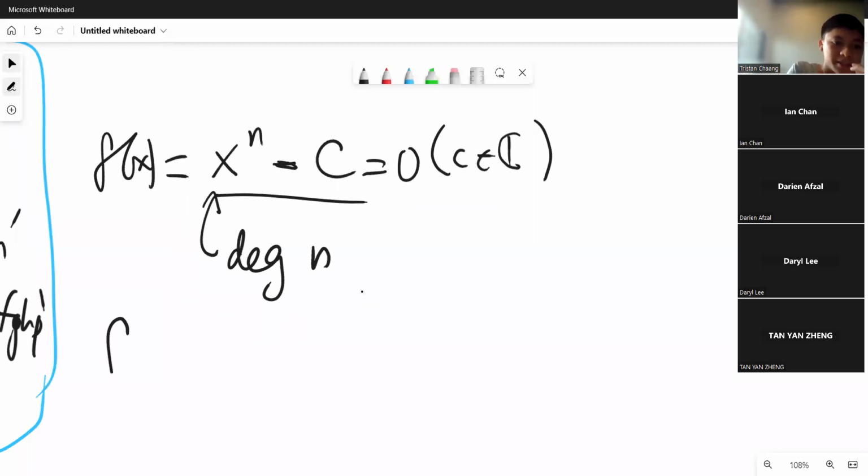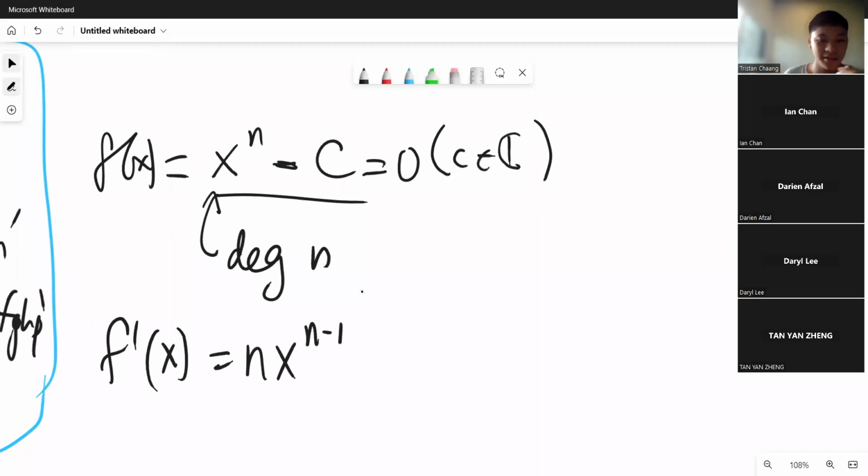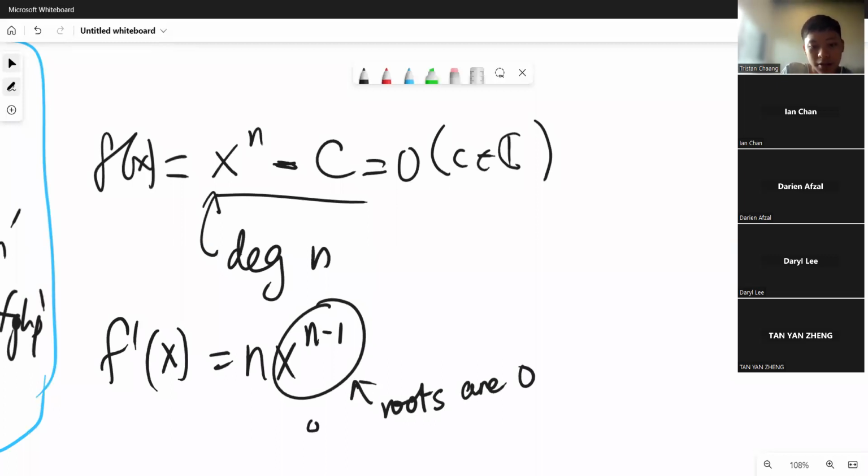Well, f prime of x is n times x to the n minus 1. The only root here is 0. Just 0. So does this f prime have a common root with f of x?